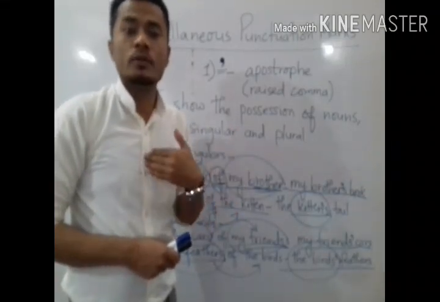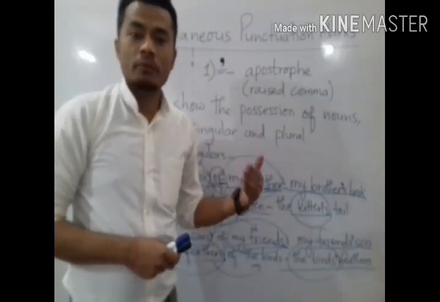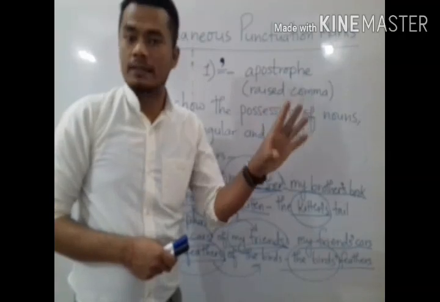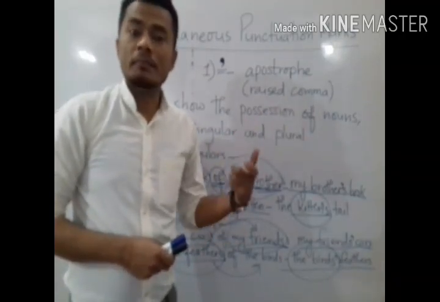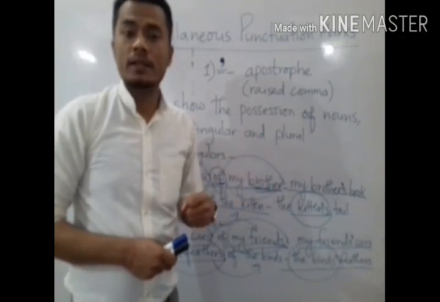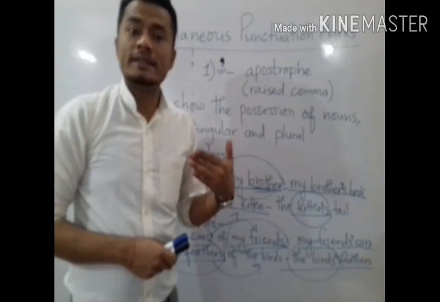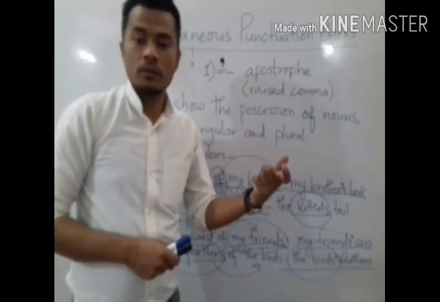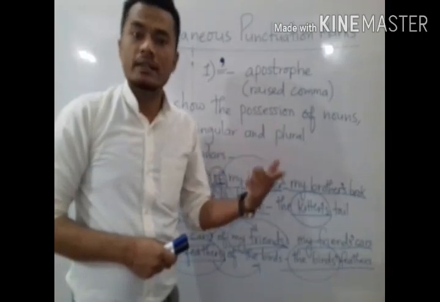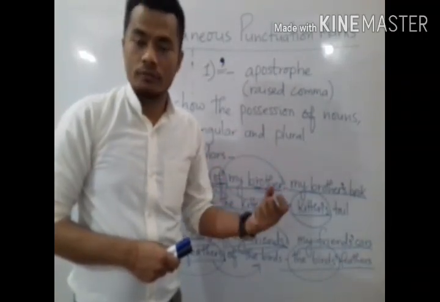If I am showing the possessive case of teacher, if the word teacher is singular, then I have to write teacher's. If the same noun teacher is plural, then I have to use teachers'. In singular, teacher apostrophe s; in plural, teachers apostrophe.